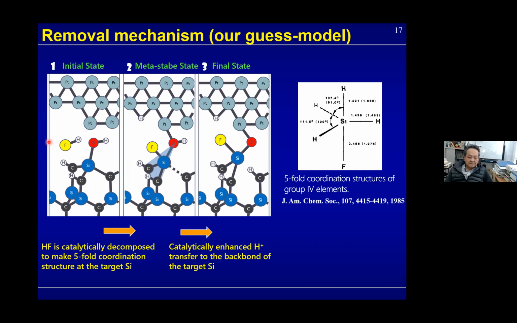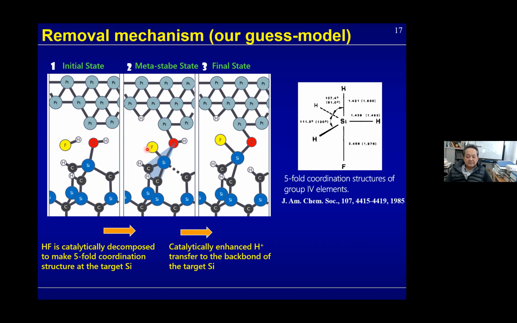We put the HF solution, HF molecule here, and the HF molecule could be dissociated due to the platinum, and F minus can adsorb here at the step edge silicon, because of this kind of strong Lewis base nature and the strong nucleophilicity.